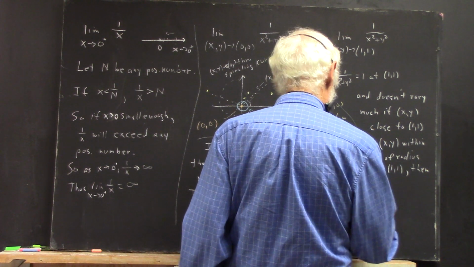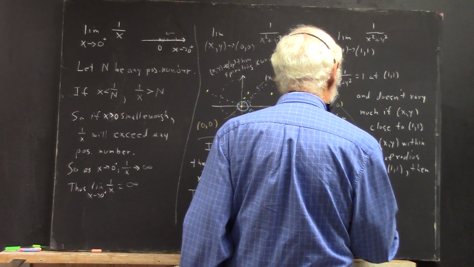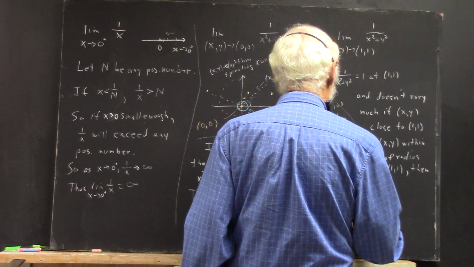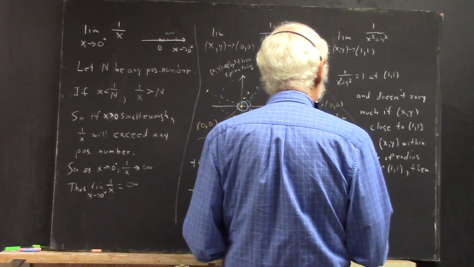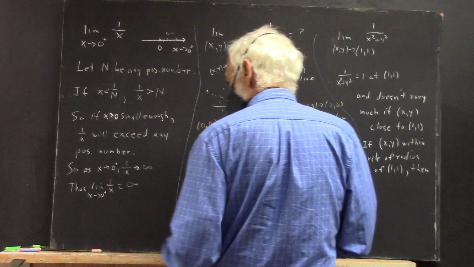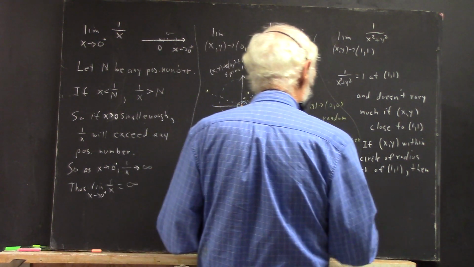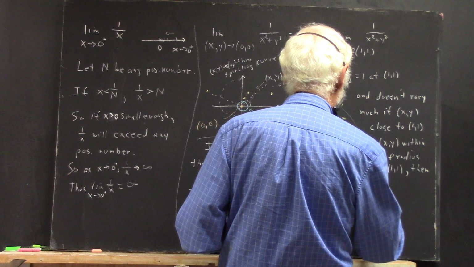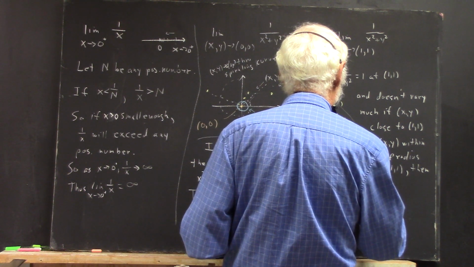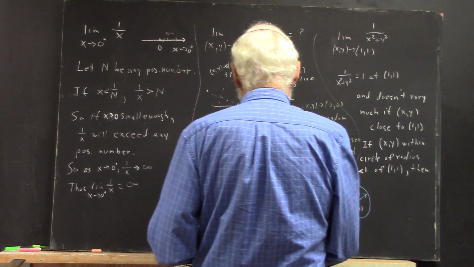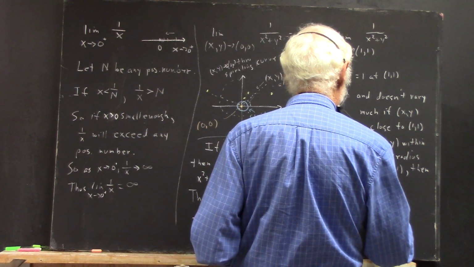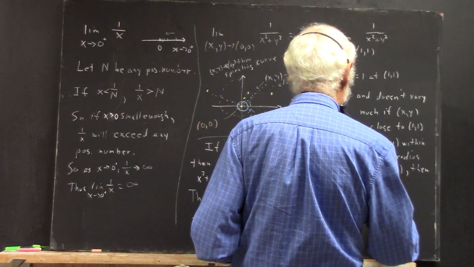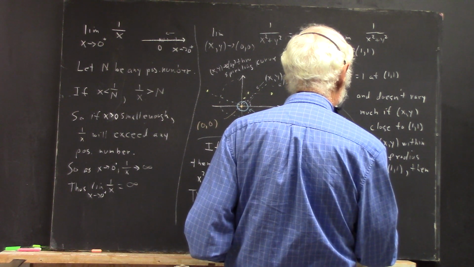Okay, then, I guess I want to fix it here. So here's the point 1, 1. Here's your circle of radius delta. And here is any xy within the circle.